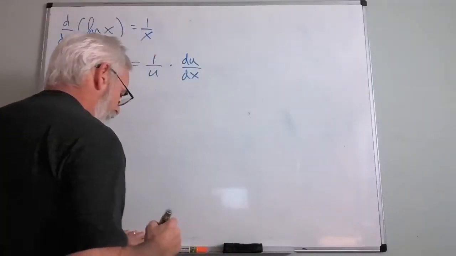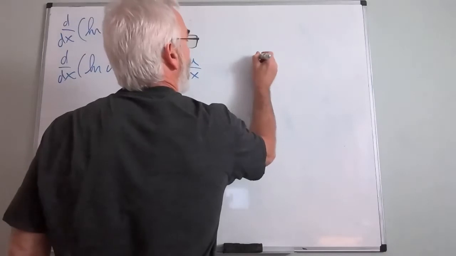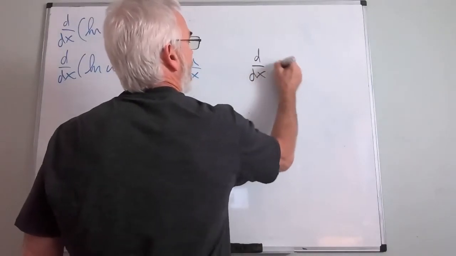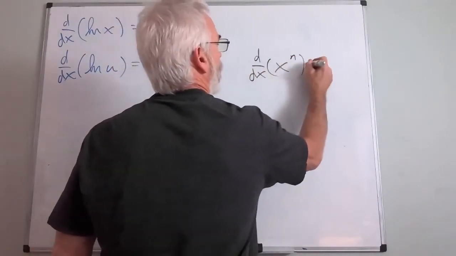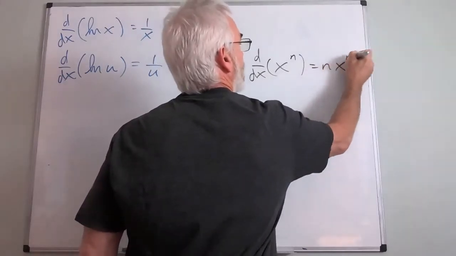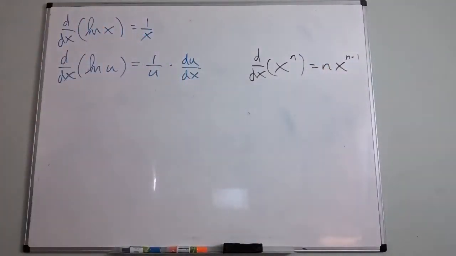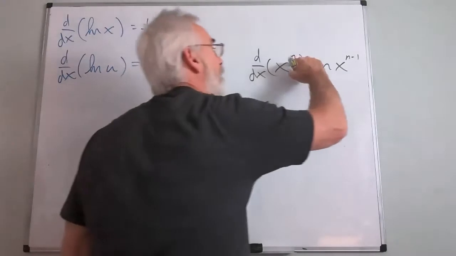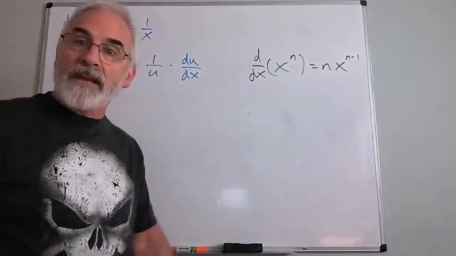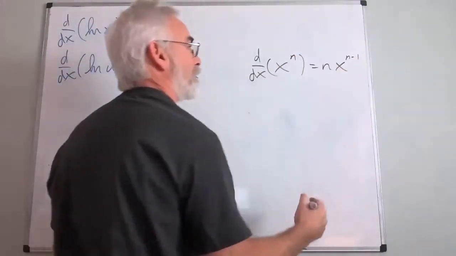Let's do something really simple. If I asked you to differentiate x to a power, we all know we're going to get n x to the power n minus 1. And I can do this for any real number. So therefore I can get back any result.